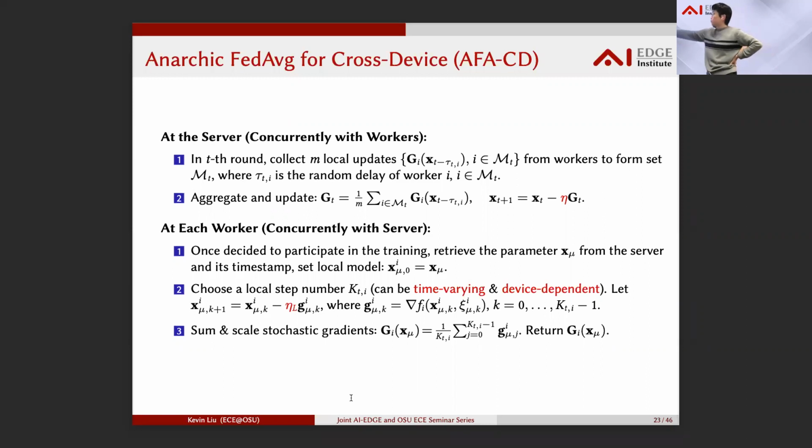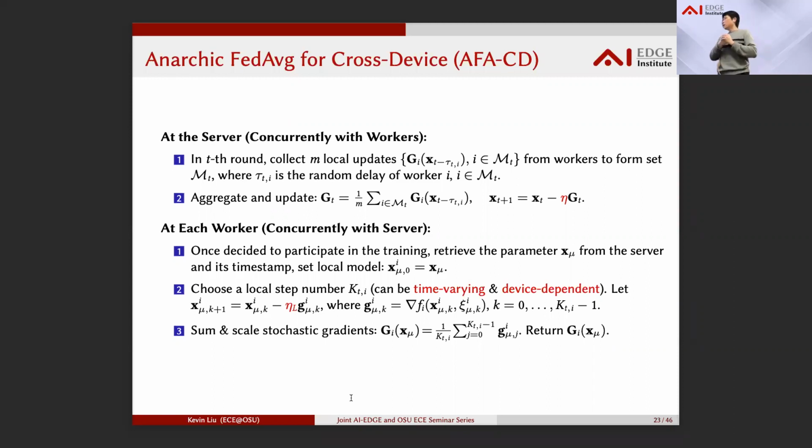Now this is another key feature of our AFL. This K_t^i could be time varying across time. In some round this could be some number, in another round another number. And this could also be device dependent, so each different device could have a different K_t^i. That's why we call it anarchic. You do whatever you want.